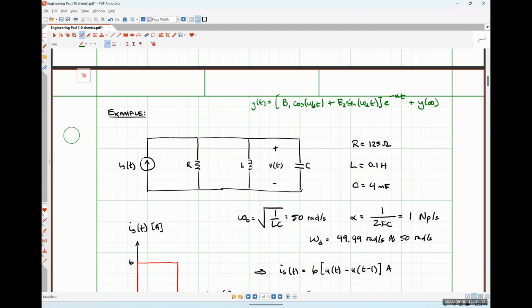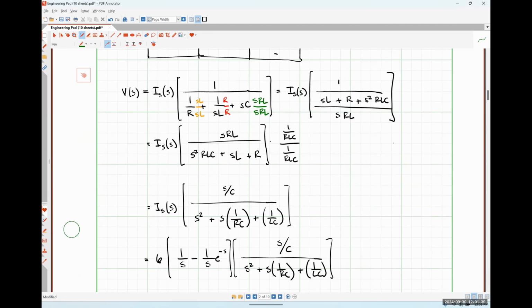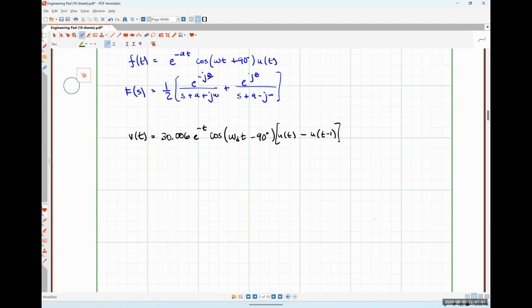So B1 angle 0 plus B2 angle negative 90 degrees, and just write this as some new magnitude cosine omega dt plus some phase angle. That is the form that I actually just got. So we very much see that this is indeed the underdamped response that we were expecting based on our prior knowledge.